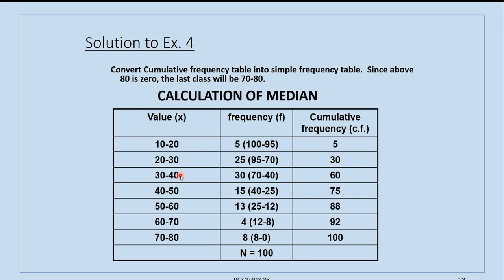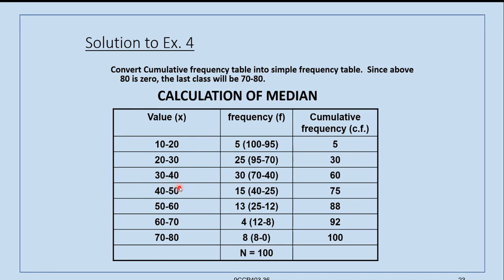So we'll recollect the formula. Median is equal to L1 plus n by 2 minus CF, divided by F, and multiplied by i, where L1 is 30, n by 2 is 50, CF is 30, F is also 30 here, and i is 40 minus 30, which is 10.